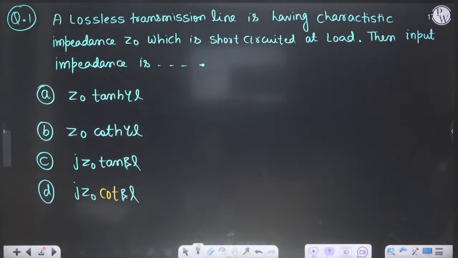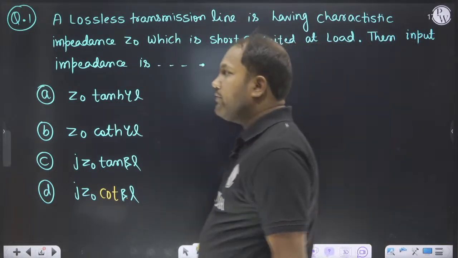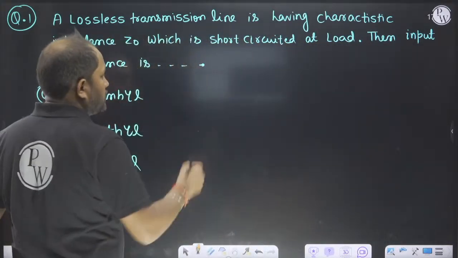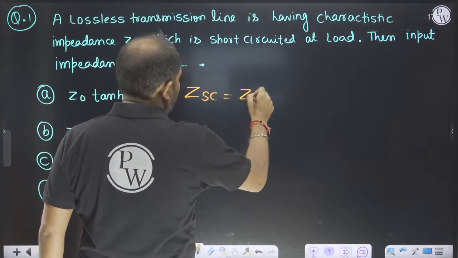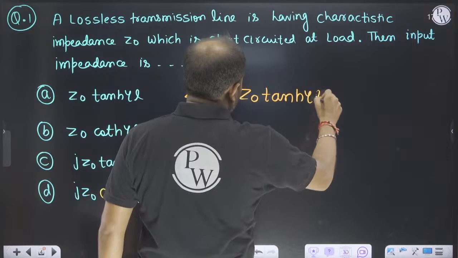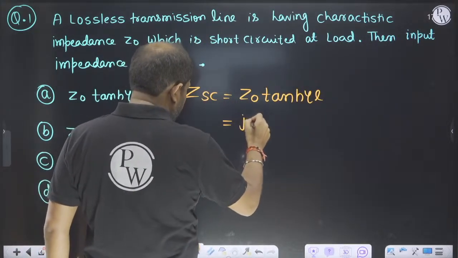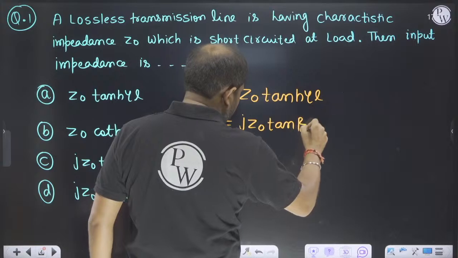A lossless transmission line having characteristic impedance Z0 is short circuited at load, then the input impedance is? So there is a short circuit at load. Short circuit at load means ZSC will be Z0 tanh(gamma L), and for lossless it will be jZ0 tan(beta L).